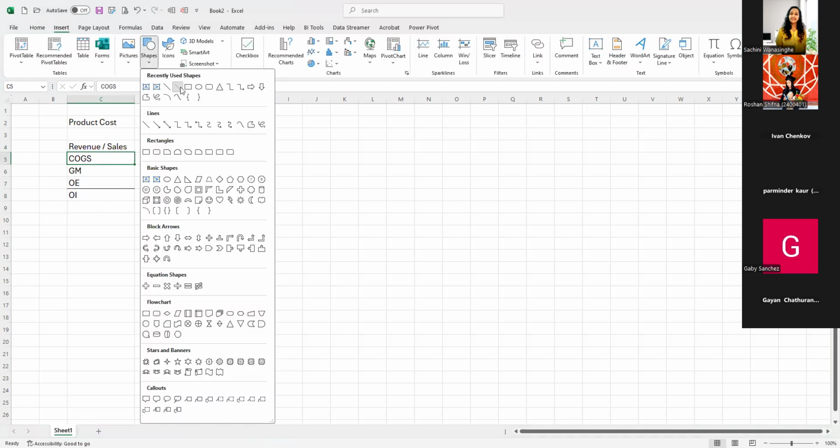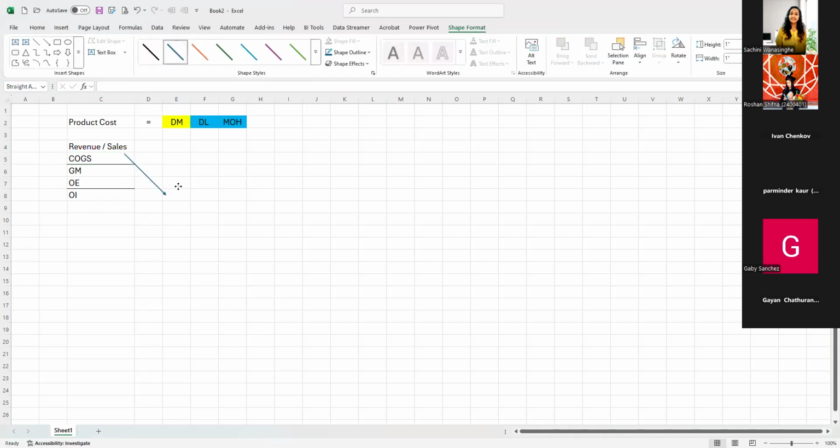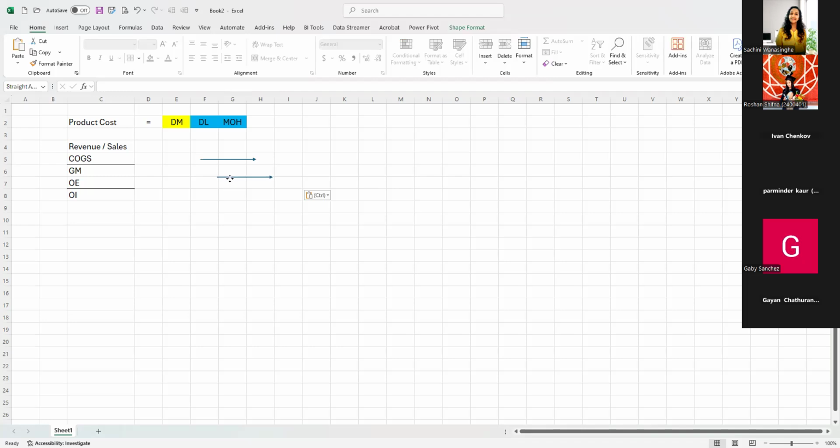We're literally gonna take these costs, pull them somewhere else, and see how they behave in terms of variable and fixed cost.